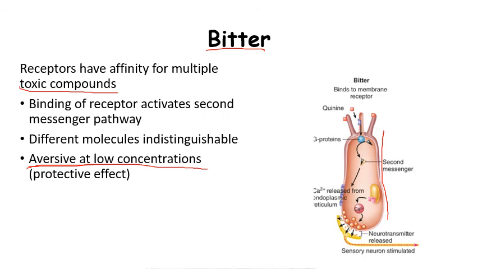But the bitter is also going to be activating a G protein coupled receptor. Okay, the signaling is a little bit different than the other two when we saw umami and sweet, in that binding of whatever bitter, there's multiple bitter molecules, but one of those, quinine, would activate the bitter receptor, and binding of the receptor will activate the G proteins.